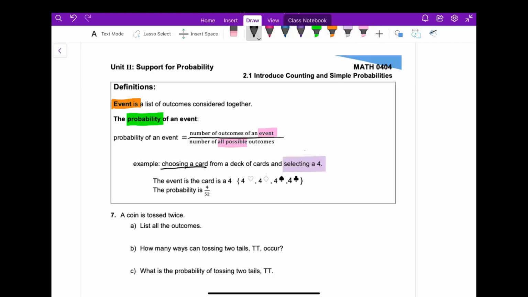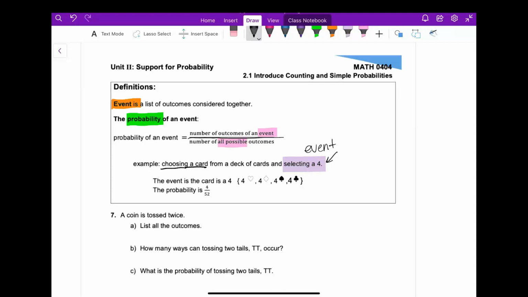Let's label this. This is our event. And what we mean by event is it's an outcome, right? Because when you choose a card, you can choose any card, a heart, a diamond, a spade, anything, right? A red card, a black card, a number, a face card. But this specific question is asking you for the event of a 4.